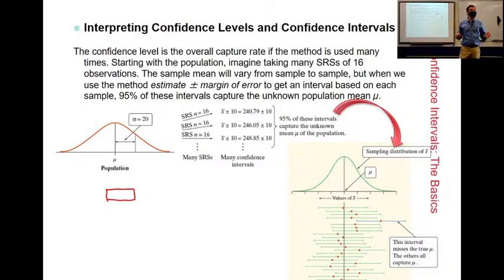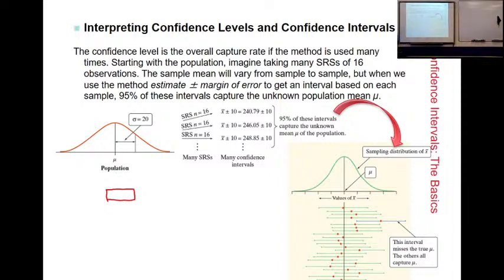And what I mean by 95% confident is that out of all the samples that I could take and construct an interval for them, 95% of those intervals are going to hit the target and have my mean in it. So we are talking about a percentage of the confidence intervals that will hit my target.